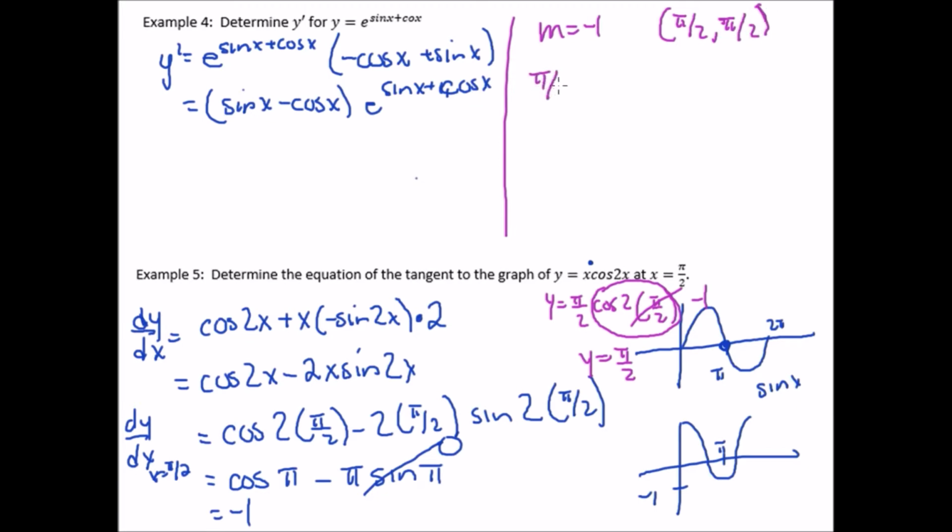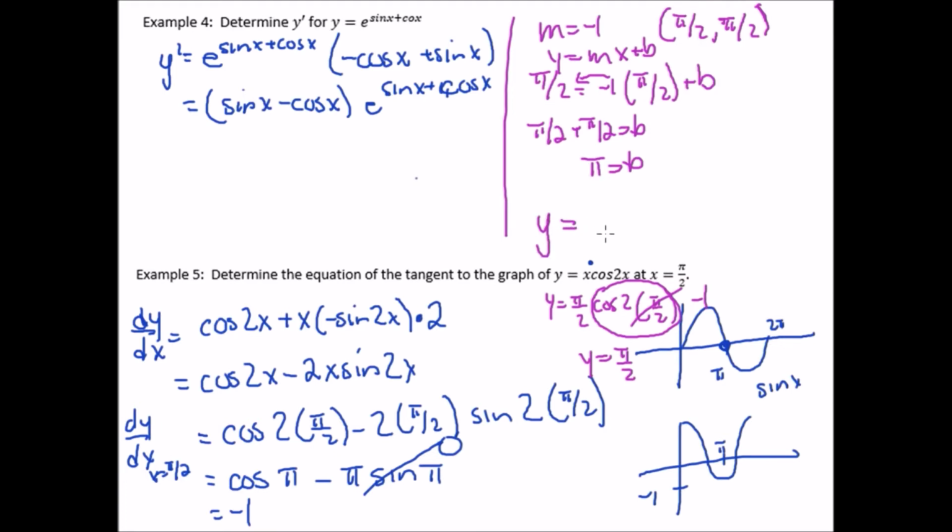So y equals mx plus b. M is -1, pi by 2 plus b. This is negative pi by 2, bring it over. We have pi by 2 plus pi by 2 equals b. We just have pi equals b. Therefore, the tangent is y equals -1x plus pi.